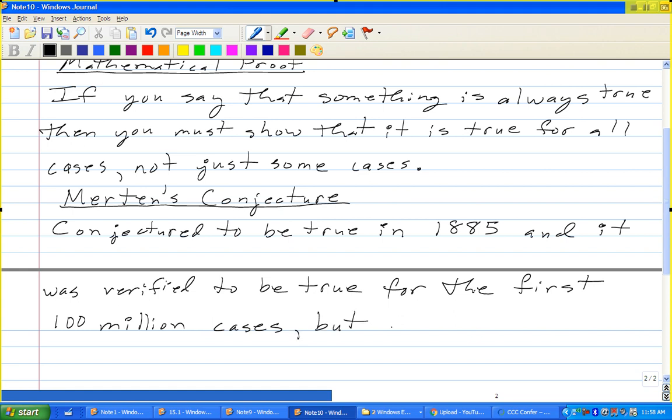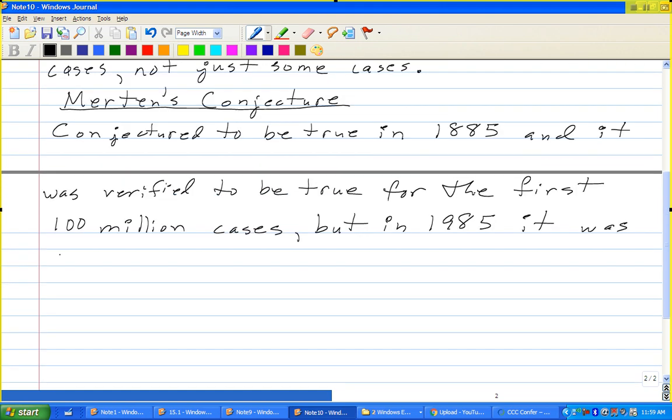But in 1985, it was shown that the conjecture was false.